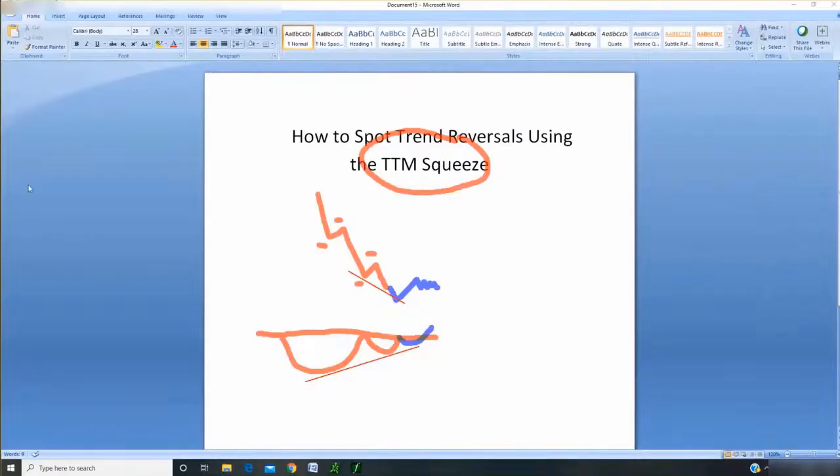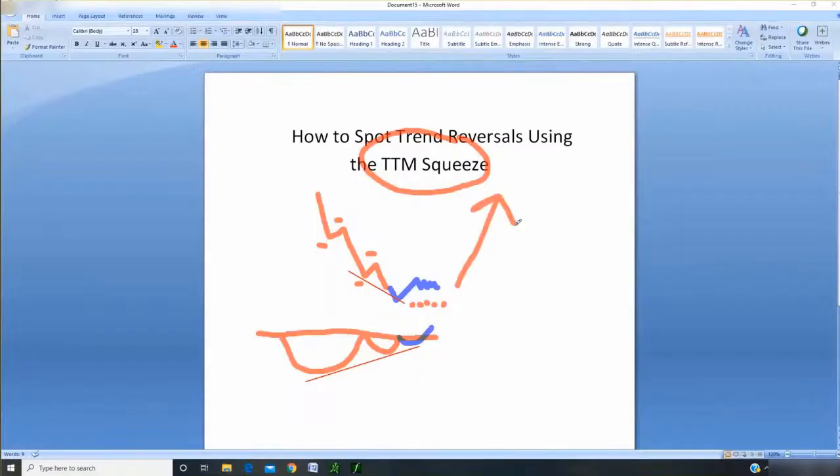So what you have is a divergence that leads into a squeeze. If you can have a divergence that leads into a squeeze, then there is a higher probability that that downtrend is coming to an end, and that squeeze is going to fire to the upside.